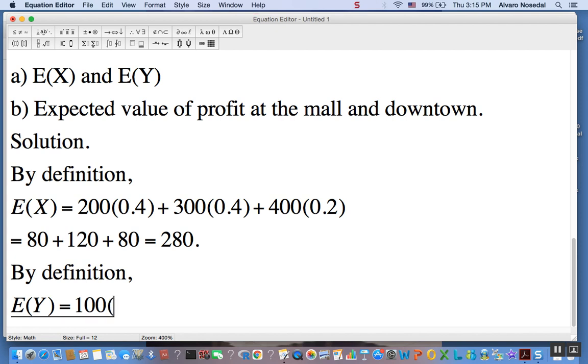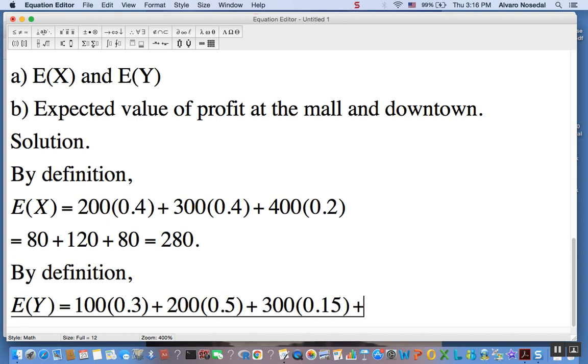Okay, so let's write it down. 100 times 0.3 plus 200 times 0.5 plus 300 times 0.15 plus 400 times 0.05.